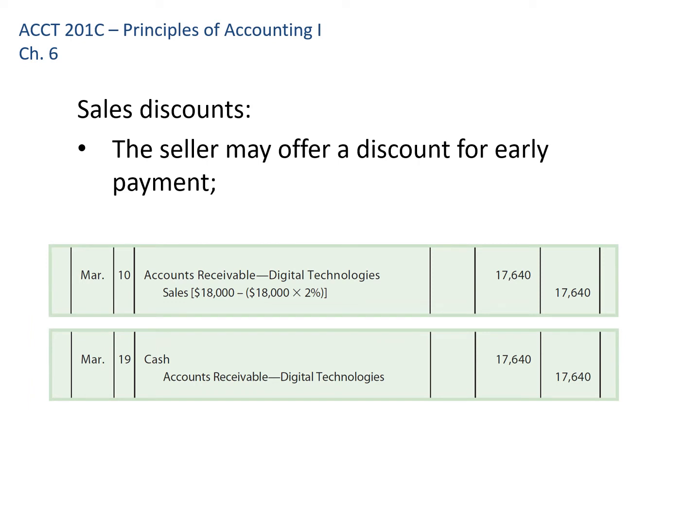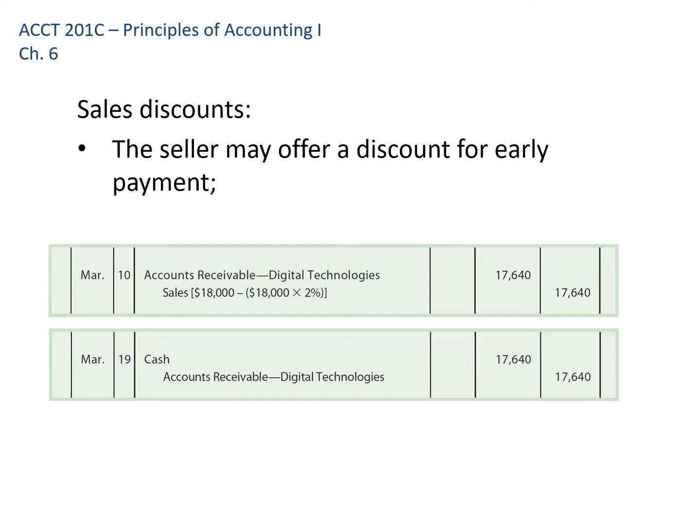Now, just as we had prompt payment discounts when we purchase products, sellers also often offer prompt payment discounts to their customers. So if we offered Digital Technologies 2/10 net 30 prompt payment terms, and again, it could be 1/15 net 30, it could be 2/20 net 30, there could be a variety of different terms. 2/10 net 30 is the most common.